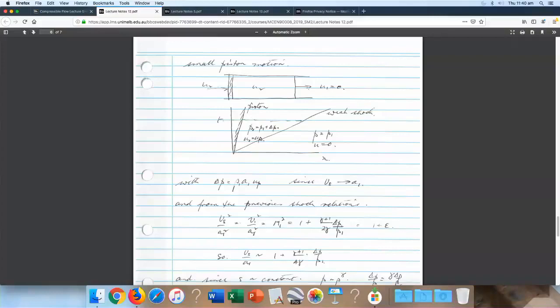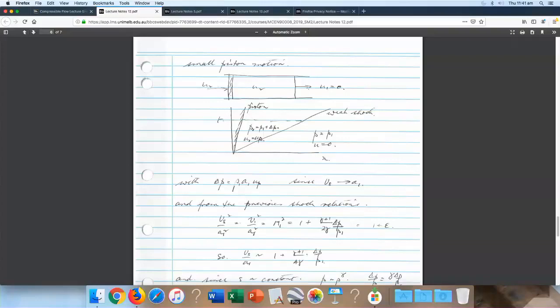And here, the pressure behind, here's the weak shock going out ahead, and here's the gas that's not moving at all, and here's the pressure P1, right? So the pressure behind that shock is higher than P1. It's P1 plus delta P. And delta P was rho A UP, right? So it's higher.